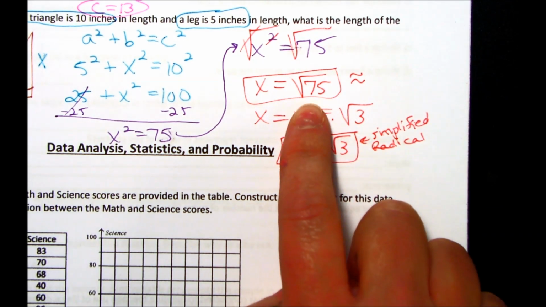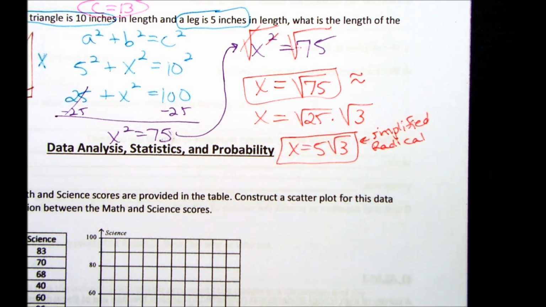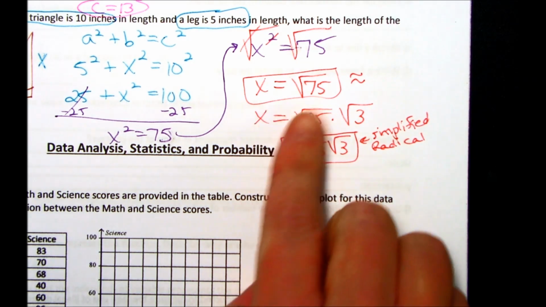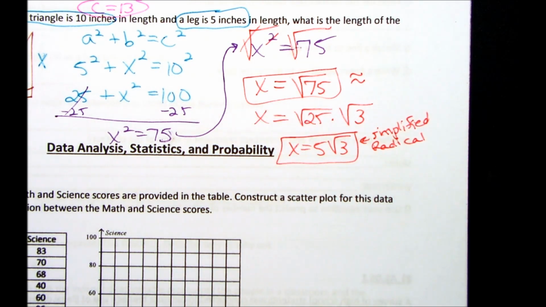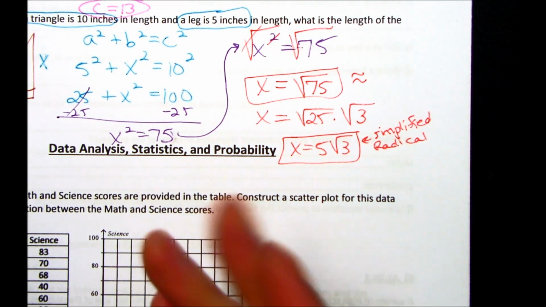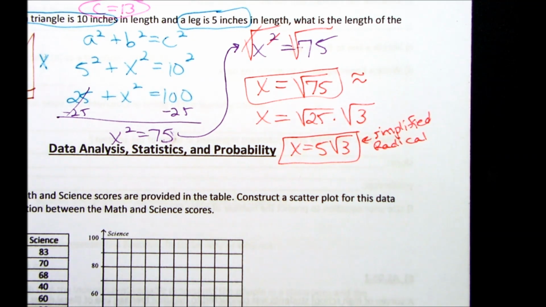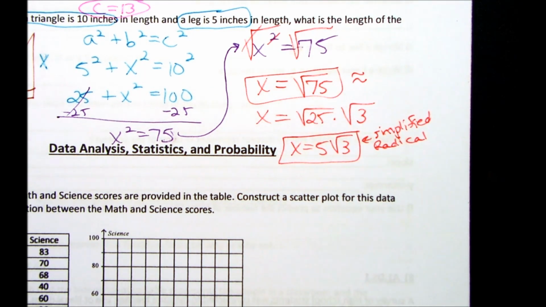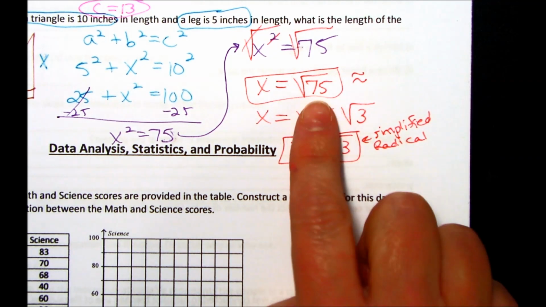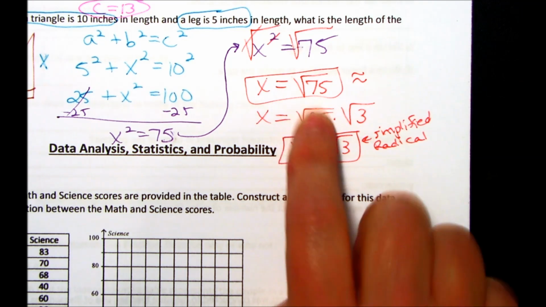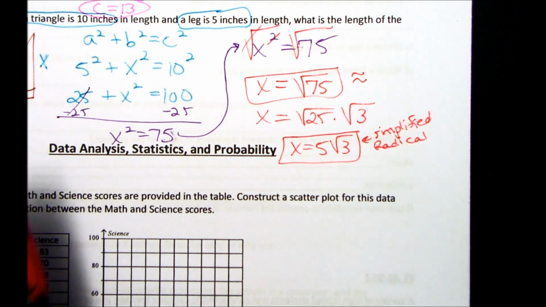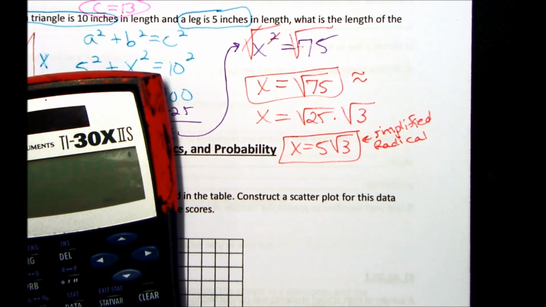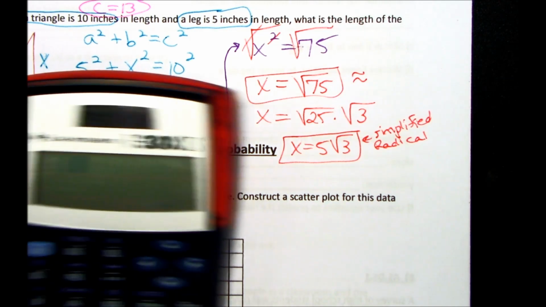So if I think of a perfect square that's a little bit less than and a little bit more than 75, I'm thinking of, say, 81, which is 9 squared, and 64, which is a little bit less than 75. So if the square root of 64 is 8 and the square root of 81 is 9, then the square root of 75 should be somewhere between 8 and 9.